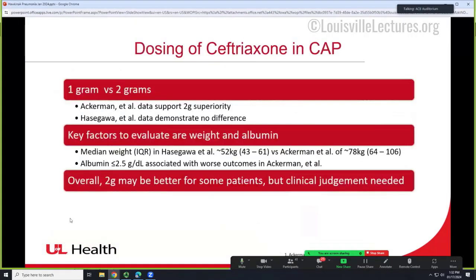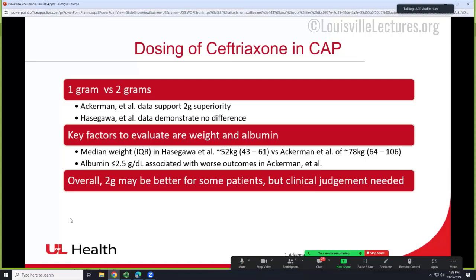All right. And then second dosing thing that I like to harp on a little bit is ceftriaxone. How many of you are ceftriaxone 1 gram for community-acquired pneumonia? Anybody? What about 2 grams for everything? Depends. All right, hope I can change your depends mind. My argument with this is always, what is ceftriaxone 2 grams going to harm versus what is ceftriaxone 1 gram going to harm?